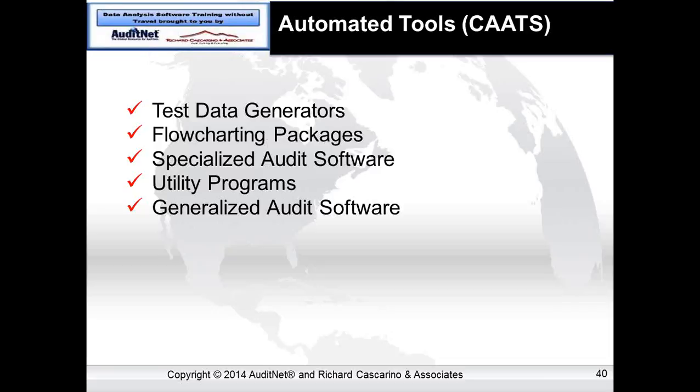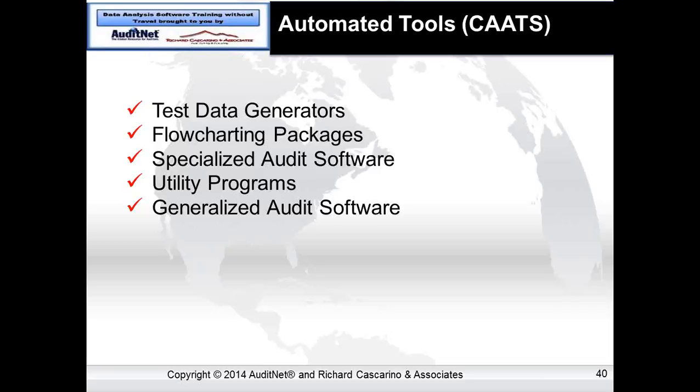You can get specialized audit software. Specialized audit software is software that's designed to do specific tasks in specific environments. So you get banking audit software, you get insurance audit software, you get fraud audit software, you get HR audit software. You get a whole pile of software that came with the box, which was never intended for auditor use, but the auditor can use them.